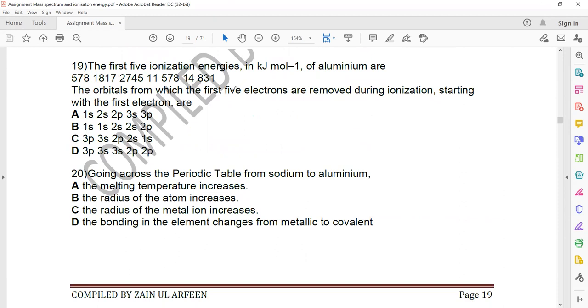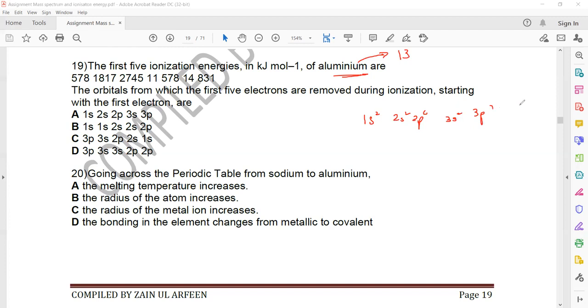The orbital from which the first five electrons are removed. So first we have to write the electronic configuration of aluminium, which is 13. So it will be 1s2, 2s2, 2p6, 3s2, 3p1.